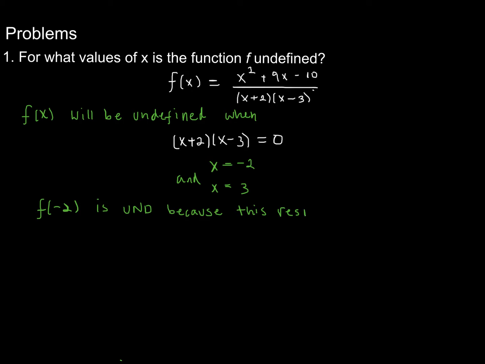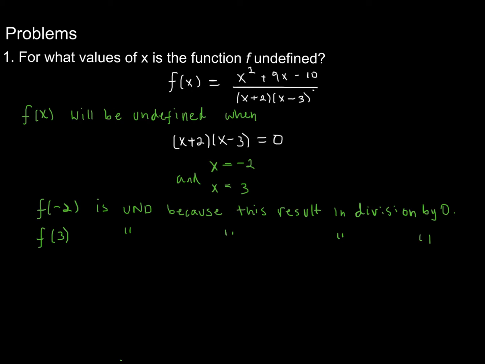So this will result in division by 0. And of course, that makes it undefined. And so I could say the exact same thing for f of 3. Just put quotes there to show you that the reasoning is the same.